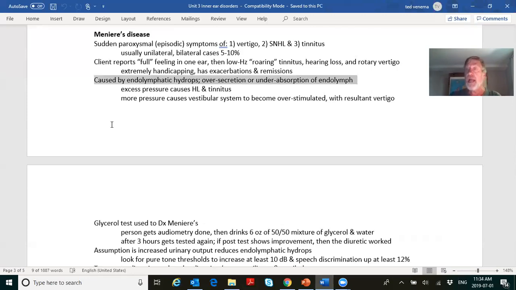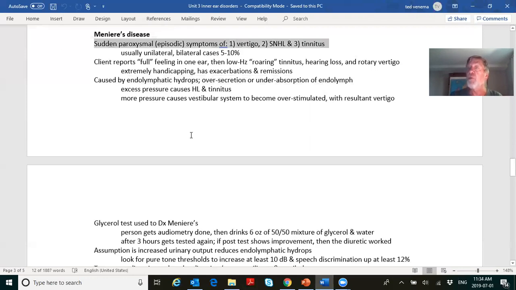Now, you can have simply endolymphatic hydrops, which means too much fluid. And so not all Meniere's is the same. In other words, all Meniere's is endolymphatic hydrops, too much fluid. But not all endolymphatic hydrops gives the 3 classic symptoms of Meniere's. Meniere's is the 3 classic symptoms shown right here.